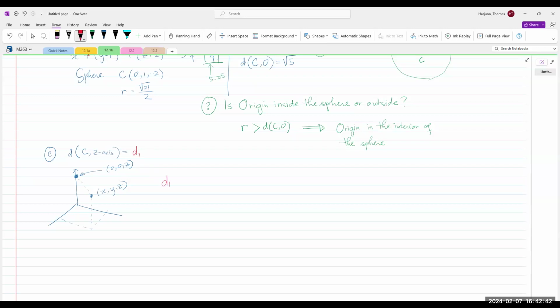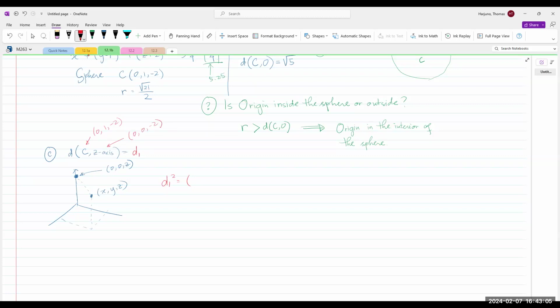So d1 squared equals the coordinate of C, which is 0, 1, -2, with the coordinate on the z-axis closest to that center, which is 0, 0, -2.